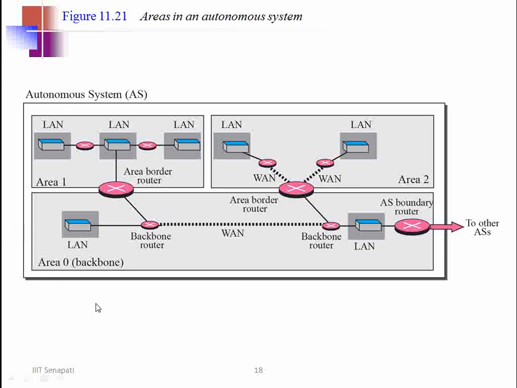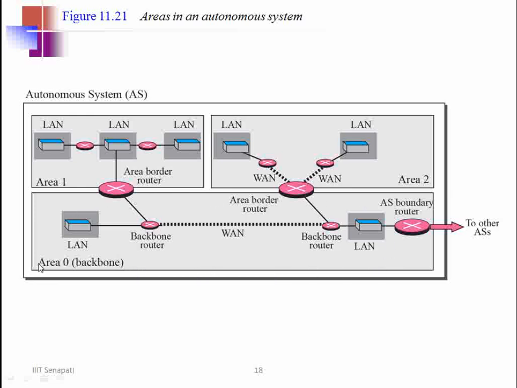You will see here that one autonomous system is having multiple areas, right? One area can be a group of local networks, right? All these areas will be connected to a backbone area.